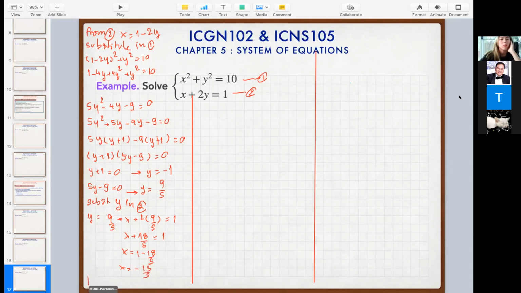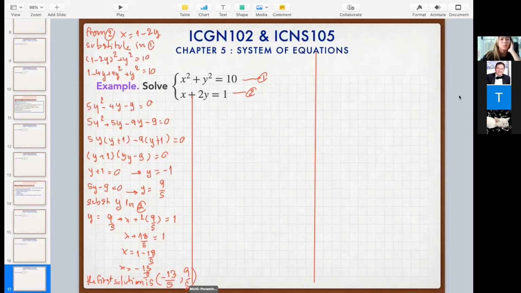So the first solution is negative 13 over 5, with y that is 9 over 5.